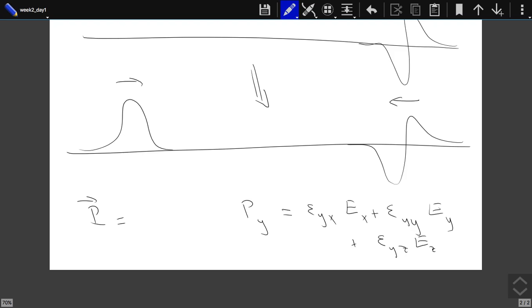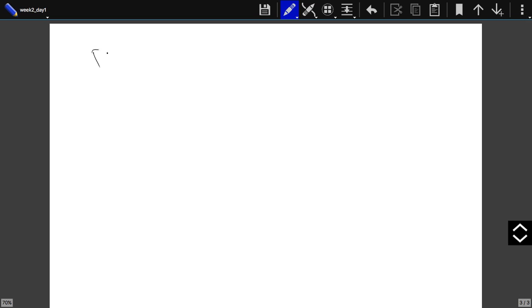But of course, you can think of this as a kind of Taylor expansion. P_i is a function of the electric field. If it is not ferroelectric, when the electric field is zero, the polarization should be zero. If that is the case, then if you make a Taylor expansion, you have the derivative of P_i with respect to E_j times E_j.